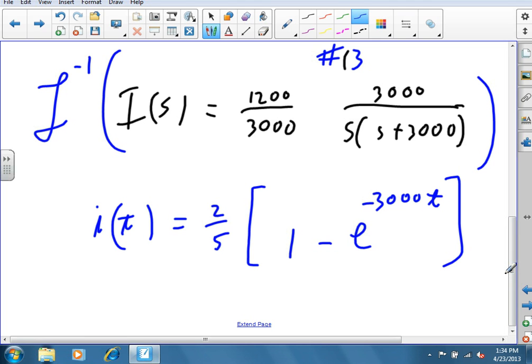And we already know that's not right. I of 0 is supposed to be 0, and I of 0 is 3 over 5. So that's rather hosed. What did I do wrong?